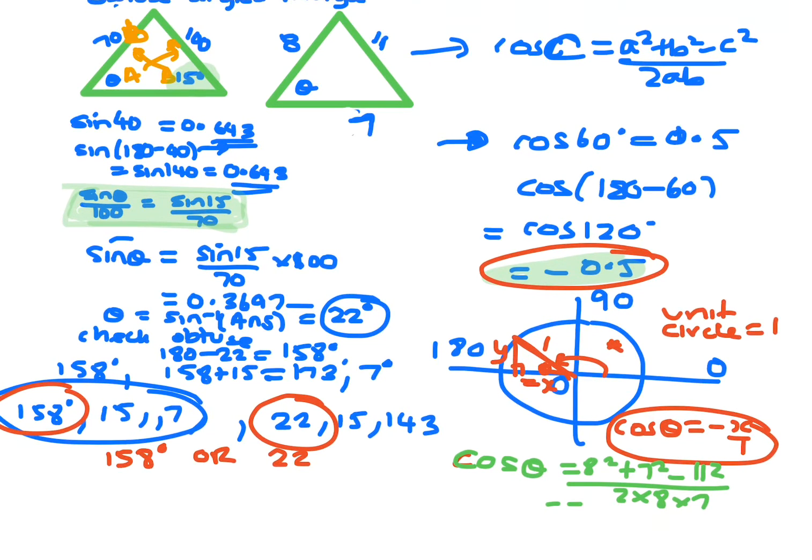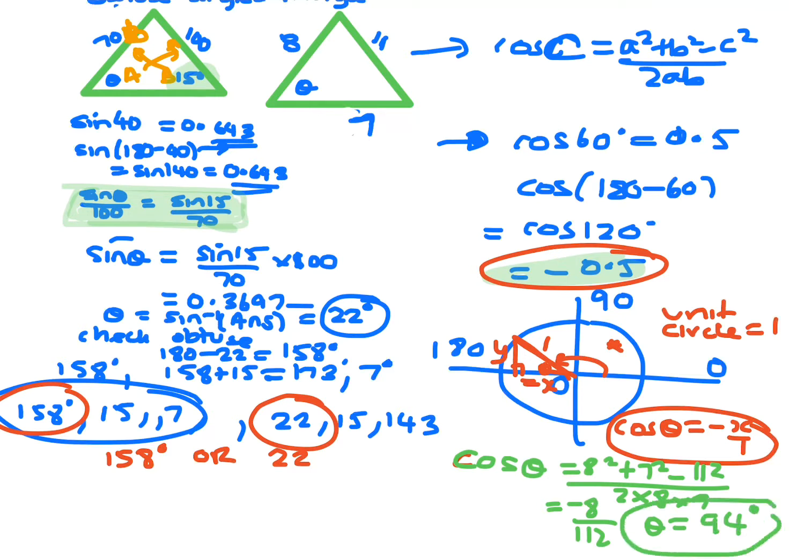You get minus 8 over 2 times 8 times 7, which is 112. So you go minus 8 over 112 and shift cos of that answer. So what happens is you'll get theta equals 94 degrees.